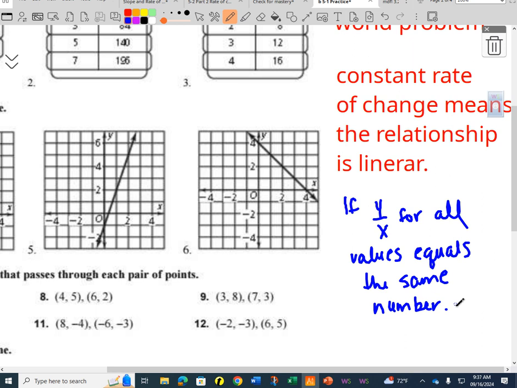To determine, is it a constant rate of change? If it is a constant rate of change, we're going to state that, and we're going to tell what it means in this real-world context.